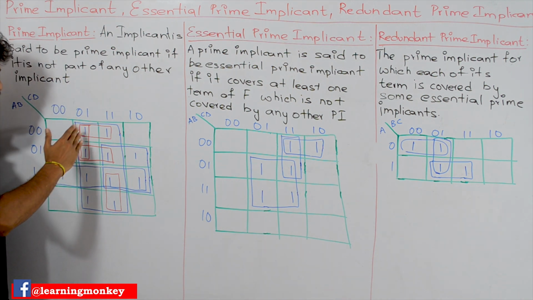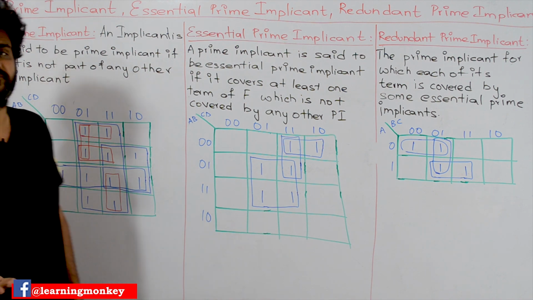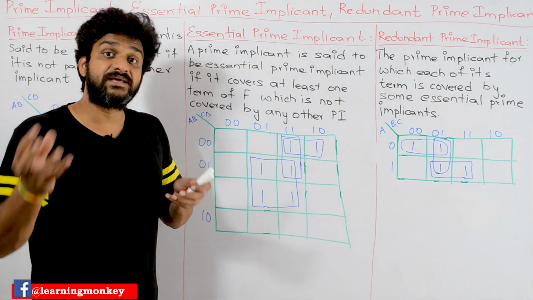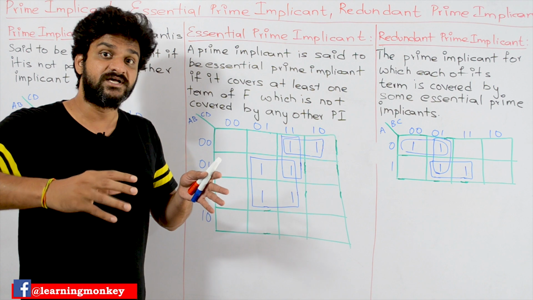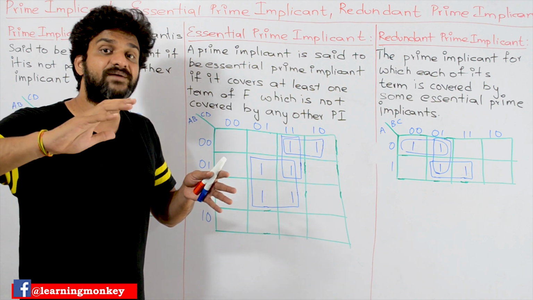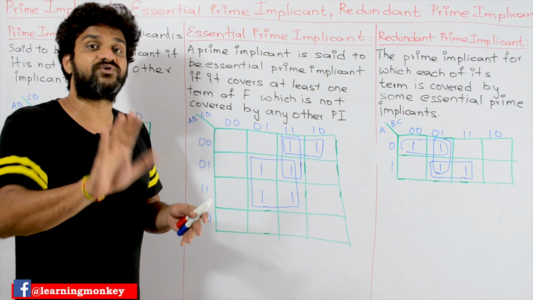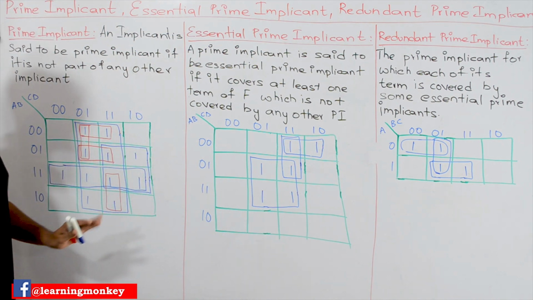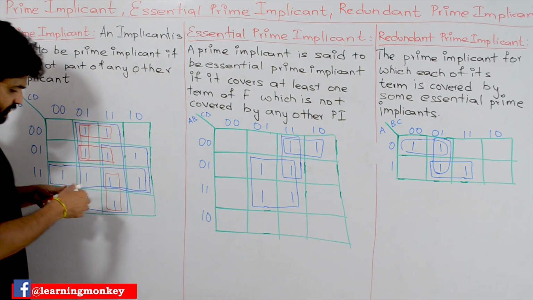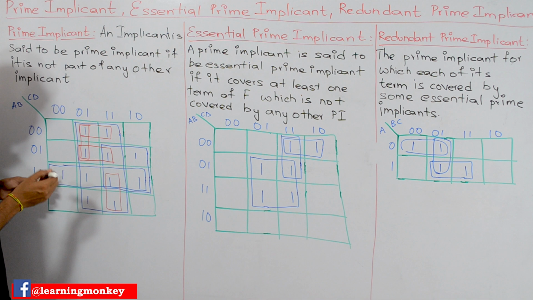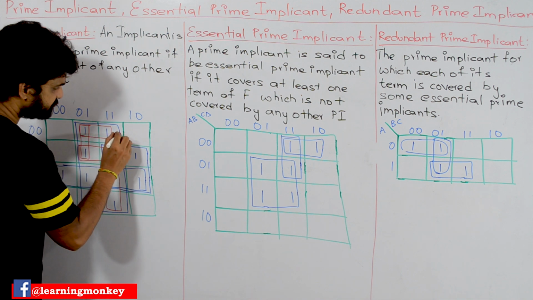So different combinations of implicants are possible. From those implicants, the implicants which are not embedded in another implicant are what we call prime implicants. From the given diagram, we have three implicants which are called prime implicants.